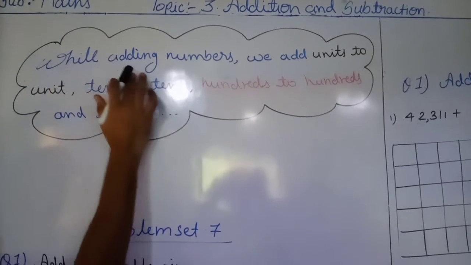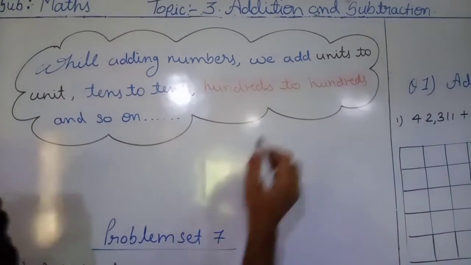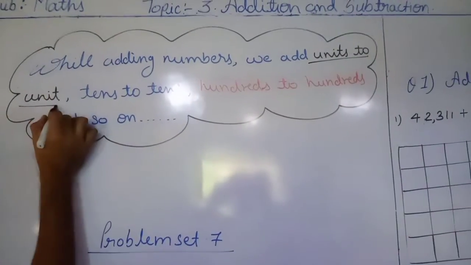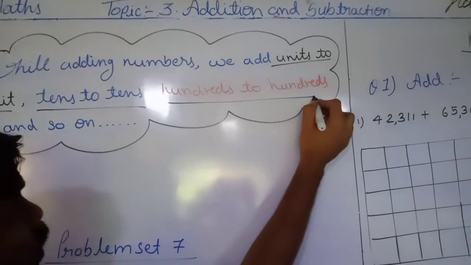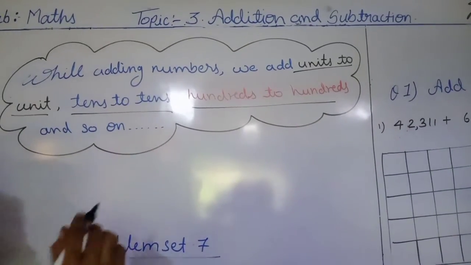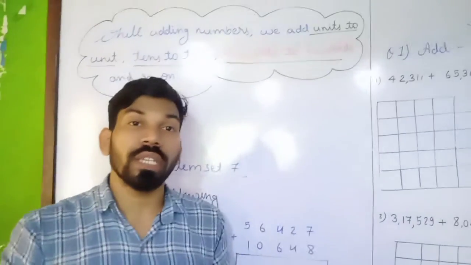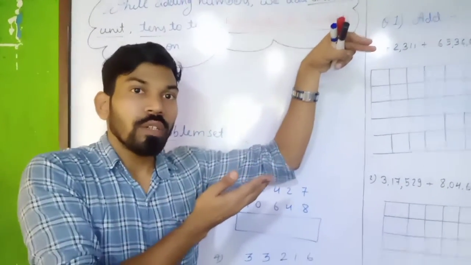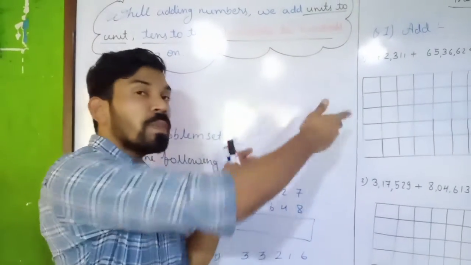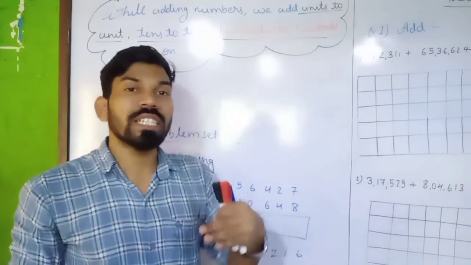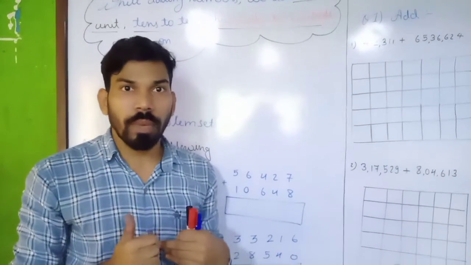While adding numbers, we add units to units, tens to tens, hundreds to hundreds, and so on. This means whenever we are adding the unit, it can be added with the unit place only. The unit place cannot be added with the tens place or any other place. We have to keep that in our mind.